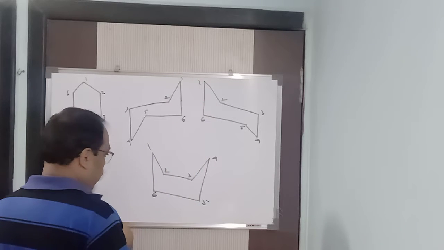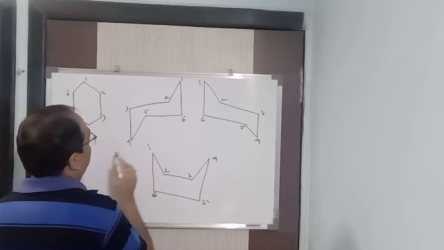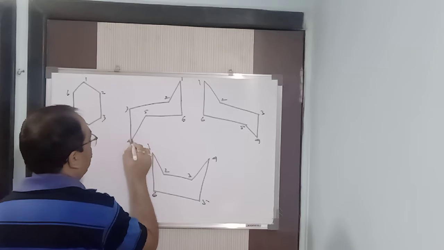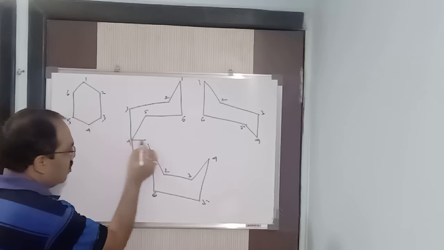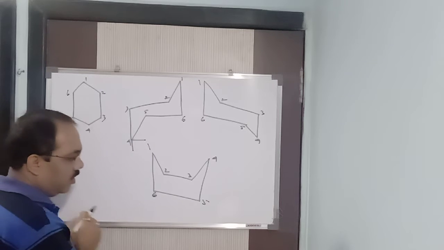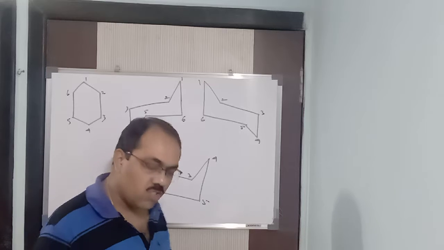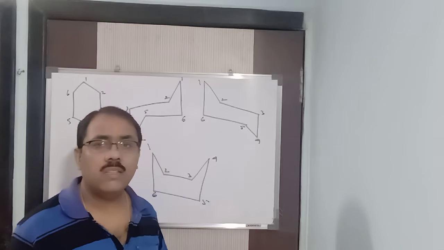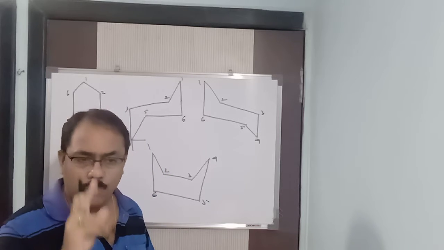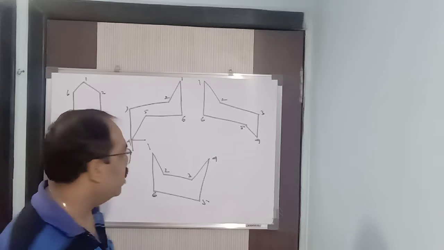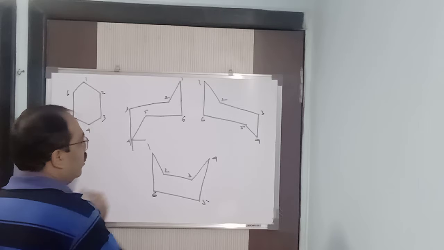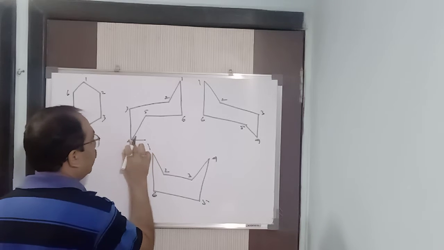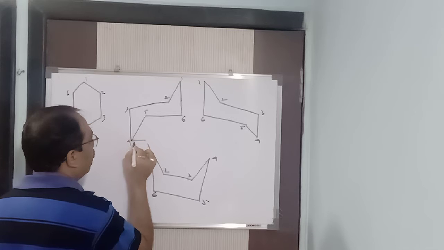Okay, fine. Let me draw it here. This is not a line, it is the bond. You will get this sort of bond and this sort of bond. One is known as the equatorial bond and another is known as the axial bond. The axial bond is perpendicular to the carbon atom, and the equatorial bond is along the carbon atom.